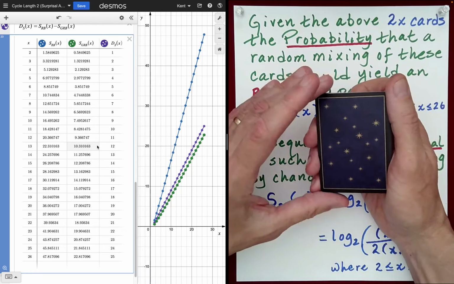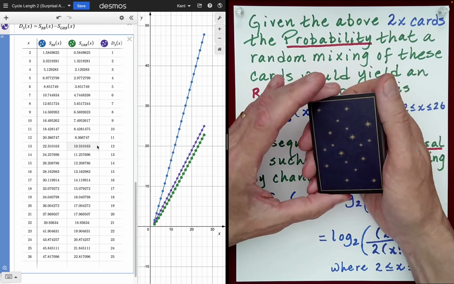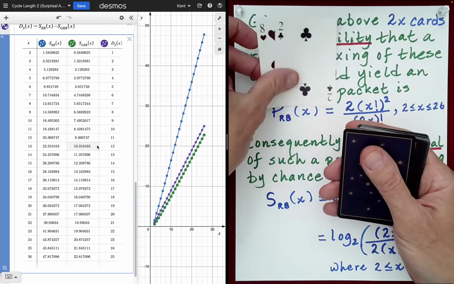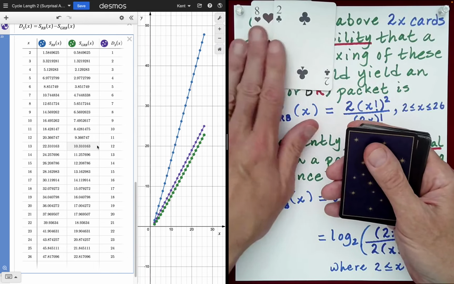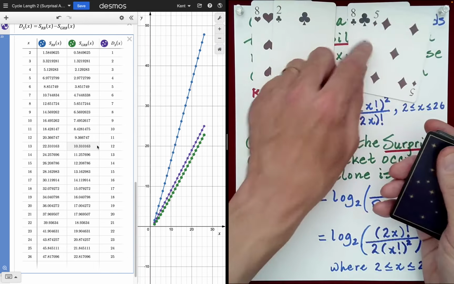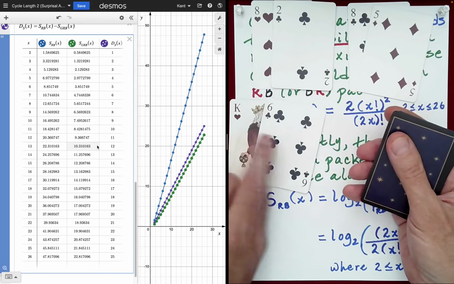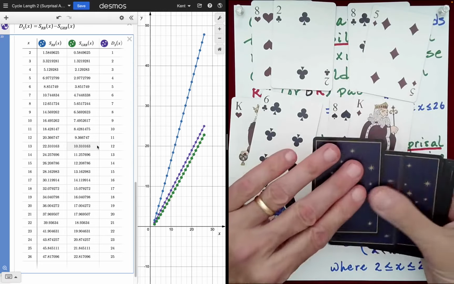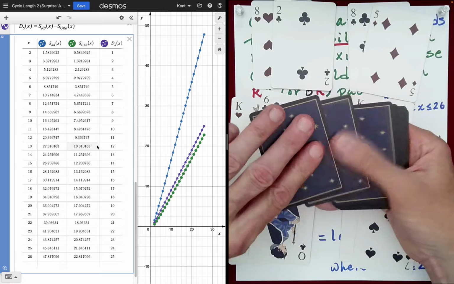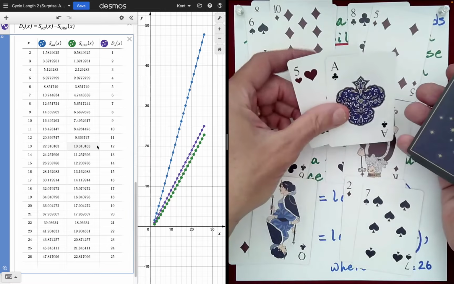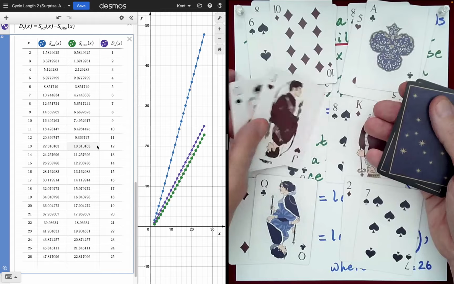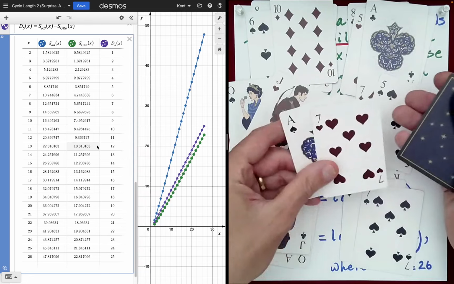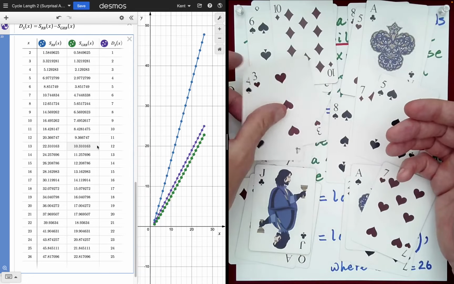So let's see if we achieve that same level of surprise by demonstrating that every pair of cards taken from the top consists of a red and a black in some order. So we have red, black, black, red, red, black, black, red, red, black, red, black, black, red, red, black, black, red, red, black, red, black, black, red, and finally black, red.